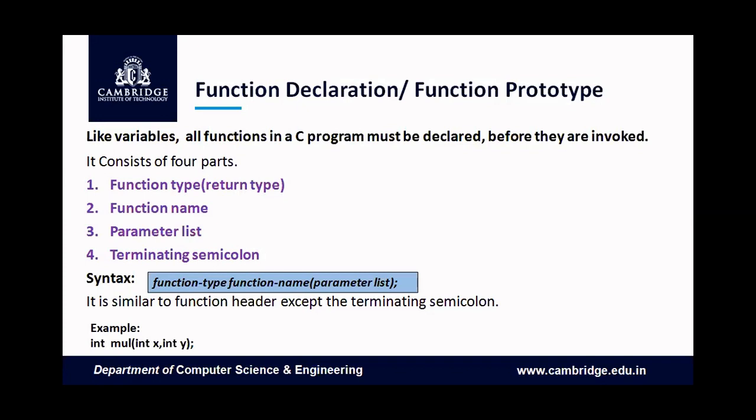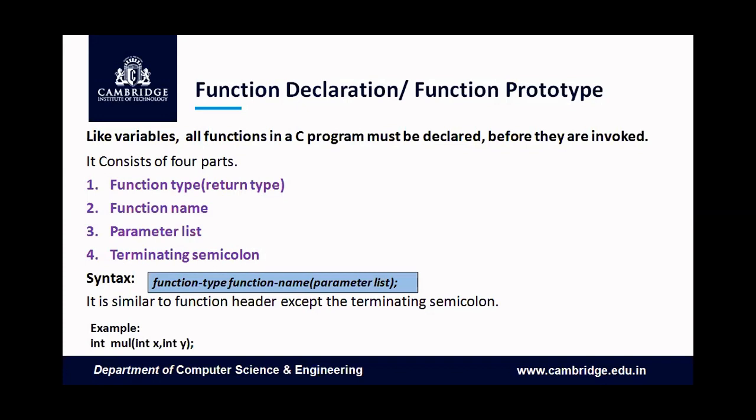Otherwise, your compiler will show you an error message on the screen that the variable is not declared. Declare it first. Same thing, if you are writing any function, then you have to declare that function well in advance so that your compiler will not show you any error. Otherwise, it is going to show you the error message.